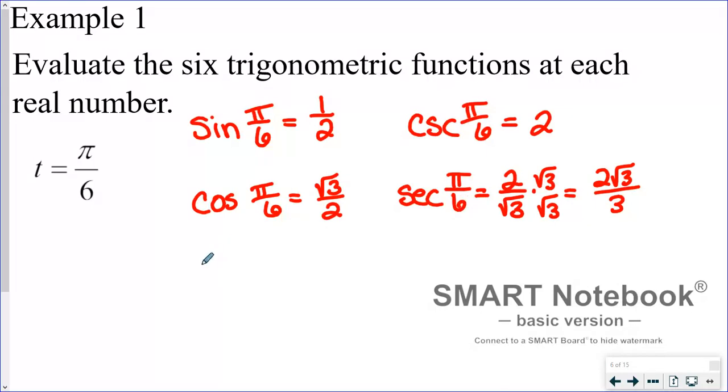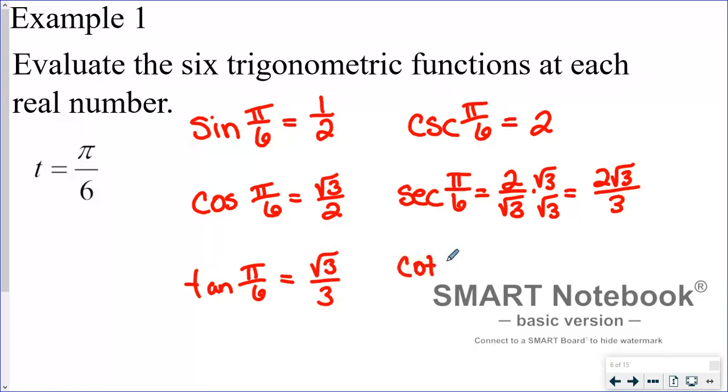Now we can do tangent of pi over 6. That is the y coordinate divided by the x coordinate, but we just went over all of those, right? So we look at pi over 6, and it was 1/2 divided by square root of 3 over 2, so it was 1 over the square root of 3, and we rationalized, and we got square root of 3 over 3.